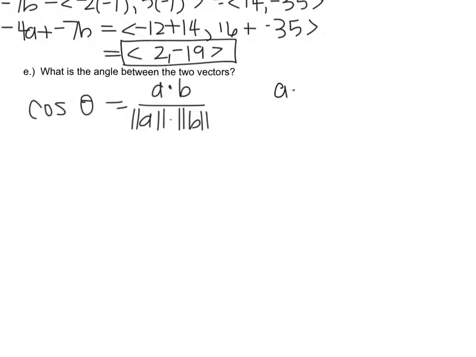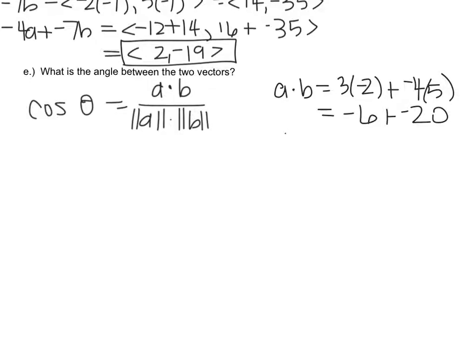So when we do dot product, we multiply the x's, and we multiply the y's, and we add them together. So that's going to be 3 times negative 2 plus negative 4 times 5. It's going to be negative 6 plus a negative 20. So our dot product is going to be negative 26.